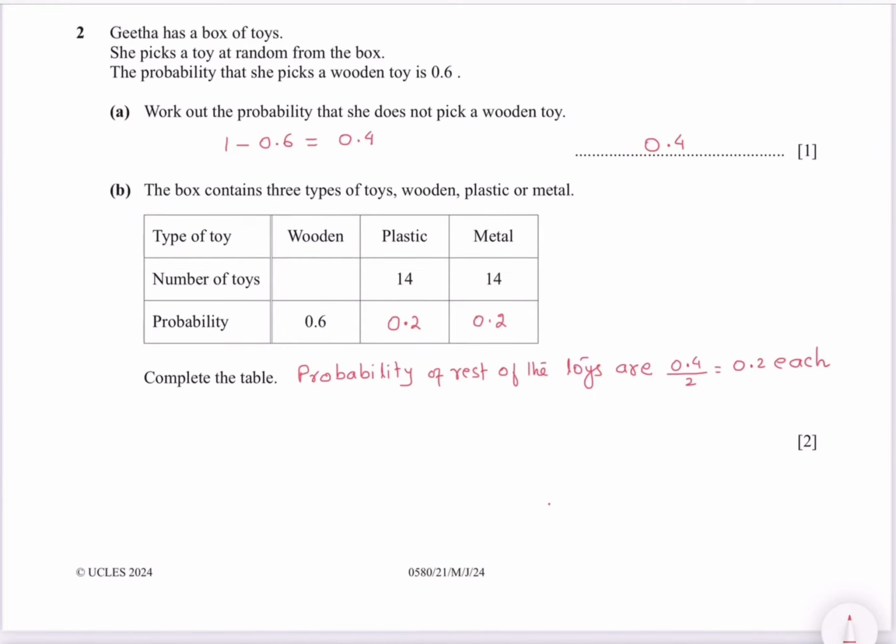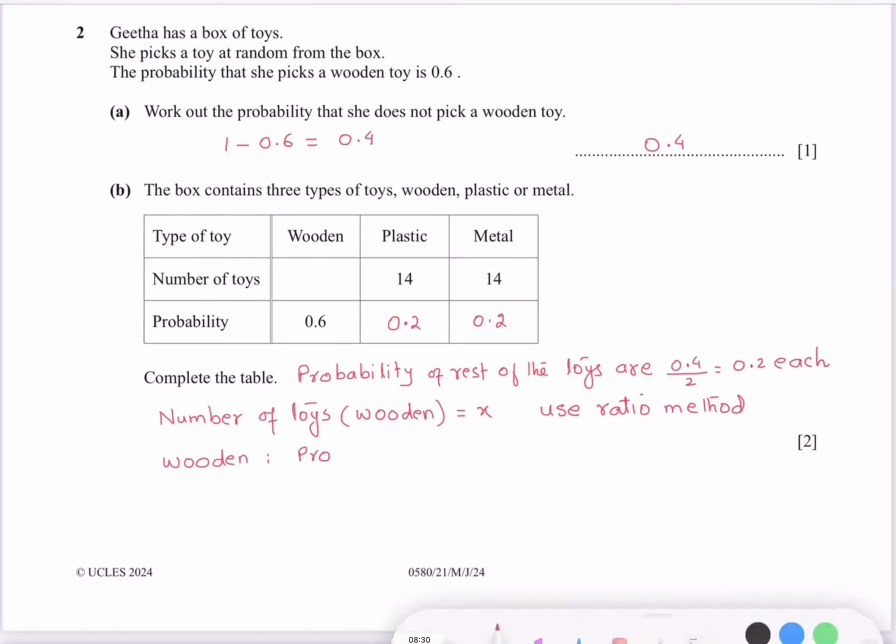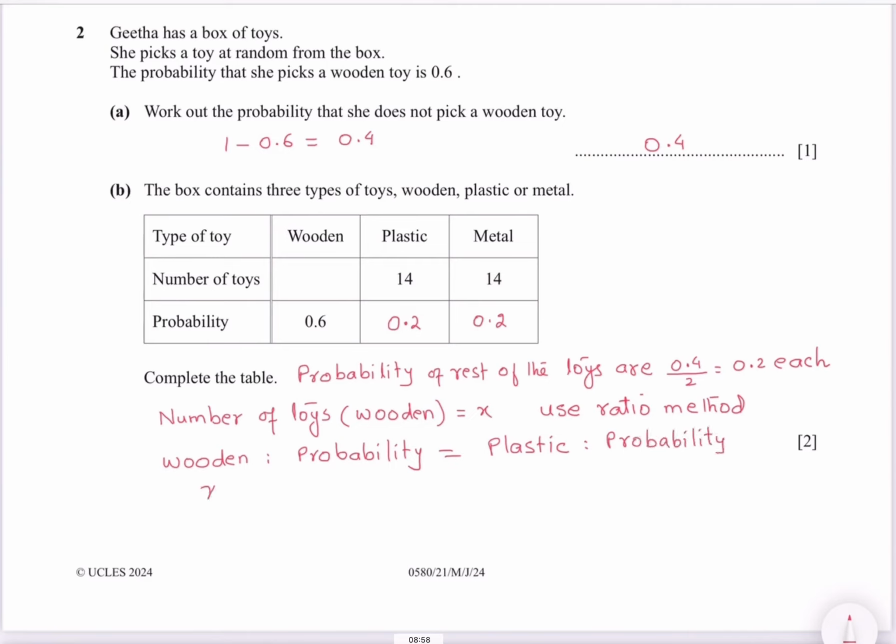Then comes the number of toys for wooden toy. So let us assume it as x. So now use the ratio method. So wooden toy ratio, its probability equals, take any one out of these two. So I took plastic toy ratio, its probability.